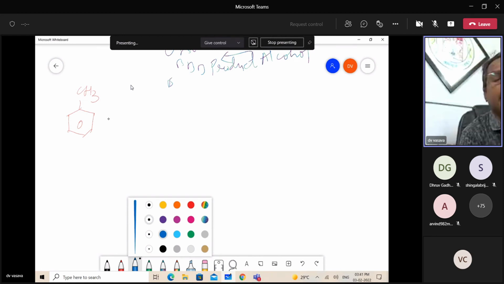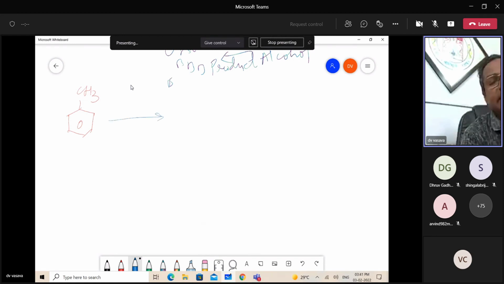Toluene, and it is the acylation, by the way. So here we need an acylating agent, benzoyl chloride.